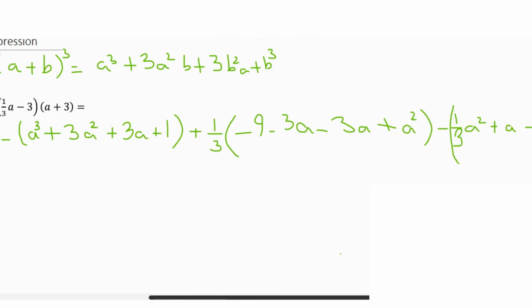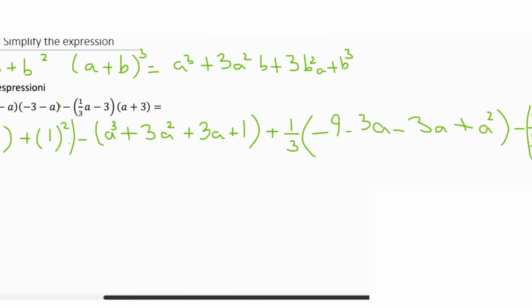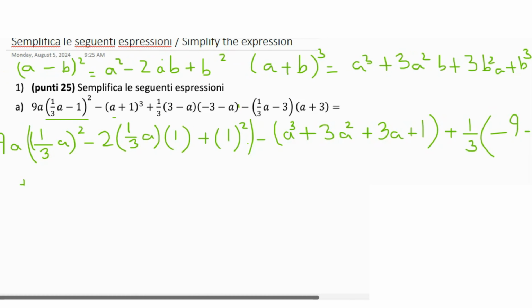The next part is when we multiply it, just an a, right? And then negative 3a and the next part is negative 9. That's it. All right, now let's move on.